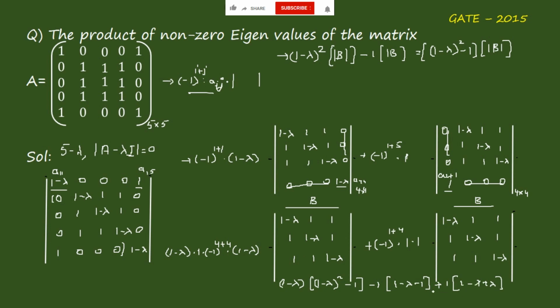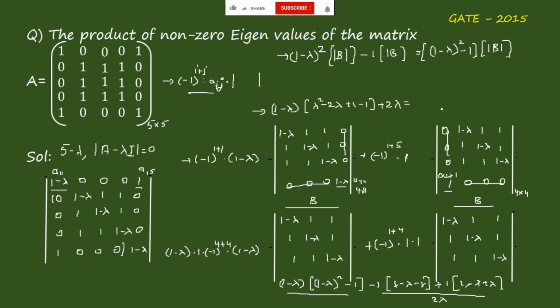So these two get cancelled, minus 1 gets cancelled, becomes 2 lambda, right? So we have to find this particular value now. This becomes 1 minus lambda into lambda square minus 2 lambda plus 1 minus 1 plus 2 lambda, right?